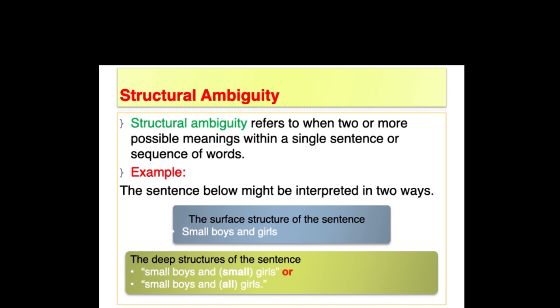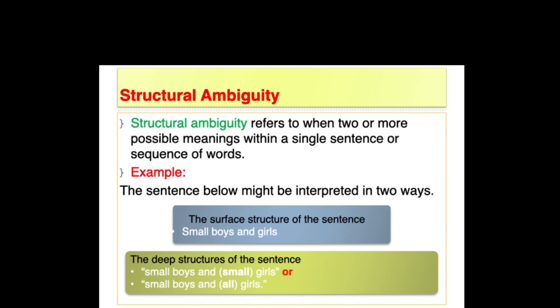Now let's have a look at the example there. Structural ambiguity refers to when there are two or more possible meanings within a single sentence or sequence of words. For example, the sentence below might be interpreted in two ways.